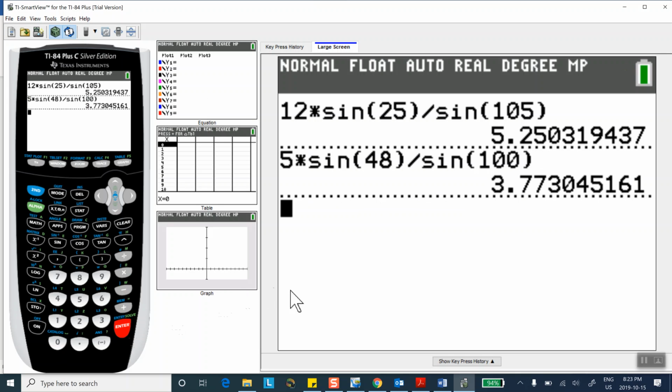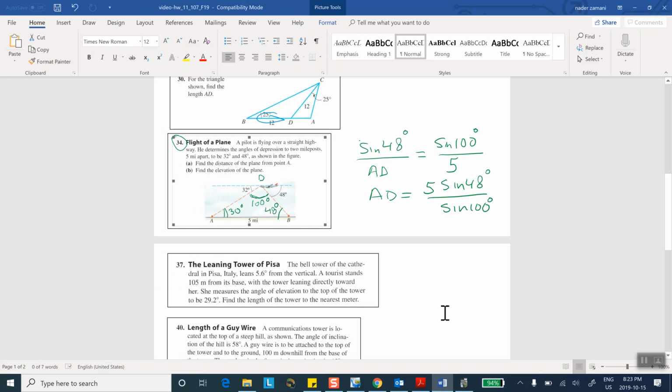And hit return. You get 3.77 miles, if it's rounded to the second digit.